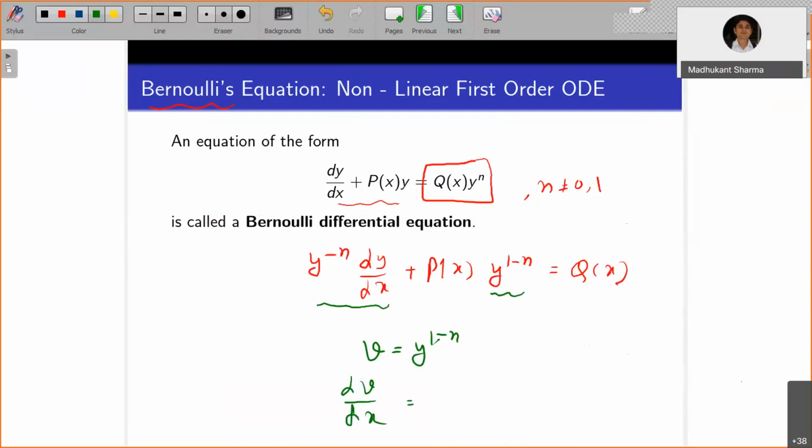It is 1 minus n times y to the power minus n dy by dx. So y to the power minus n times dy by dx can be replaced by a constant multiple of dv by dx, which is better than the previous equation, which was non-linear. So let's proceed with this transformation.